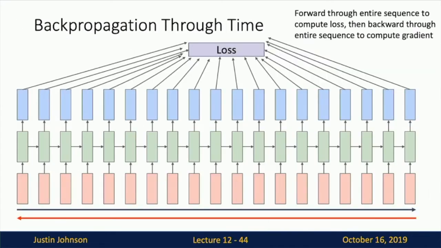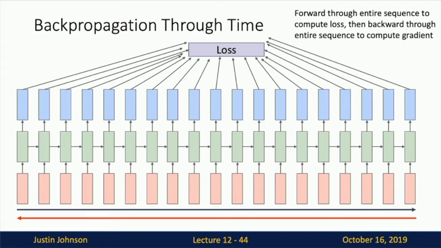Now, to train these things, we've already seen this example of a computational graph using recurrent neural networks. In order to train one of these networks, we need to unroll this computational graph over time. At every time point in the sequence, we give rise to some loss per time step. Then these get summed over the entire length of the sequence to give a single loss.